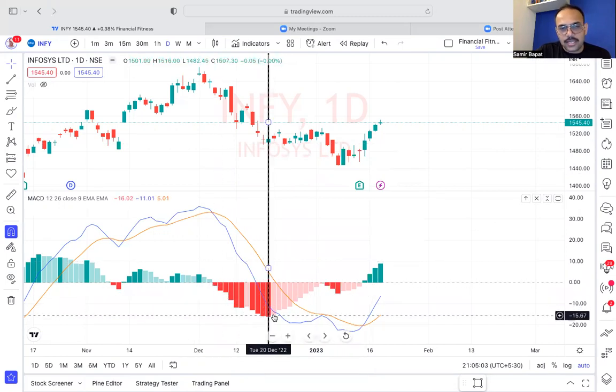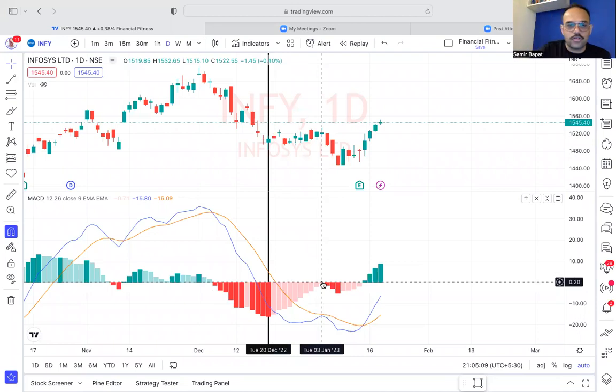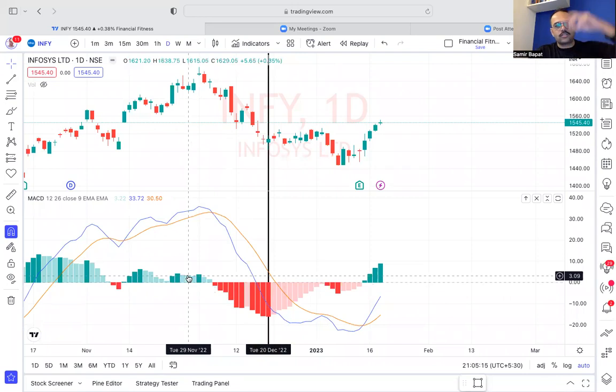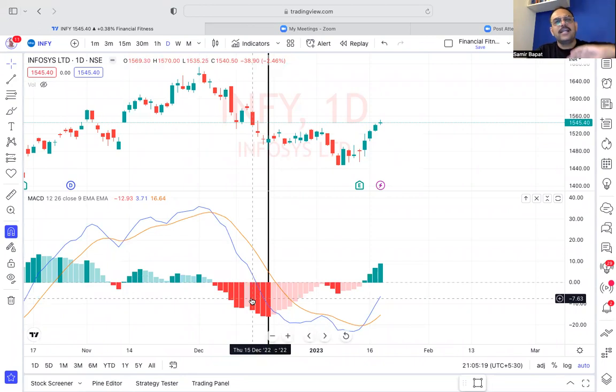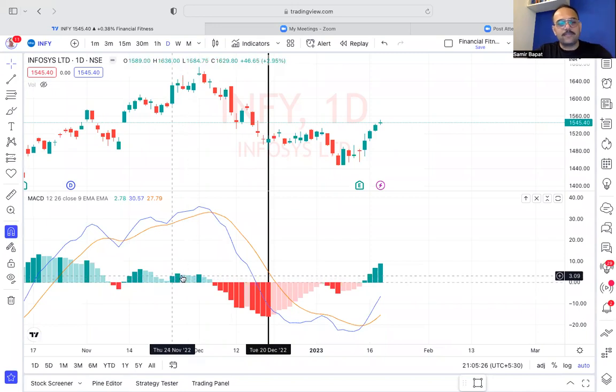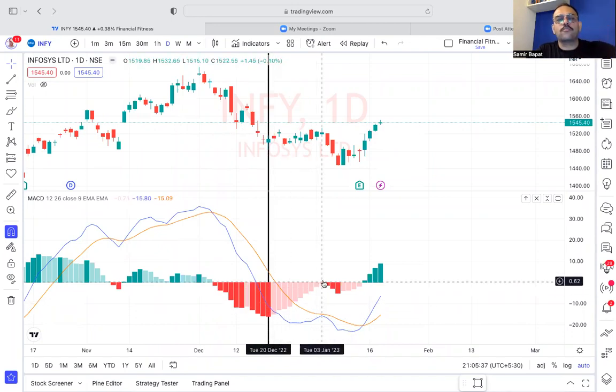This U curve is formed by the histogram and it almost touched 0. The center line is the 0 line. The histogram goes on the positive side and on the negative side. On the negative side it shows as red, and on the positive side, where my mouse is, it shows as green. So it oscillates between positive and negative. In negative, it has gone this far and almost gone back to 0.